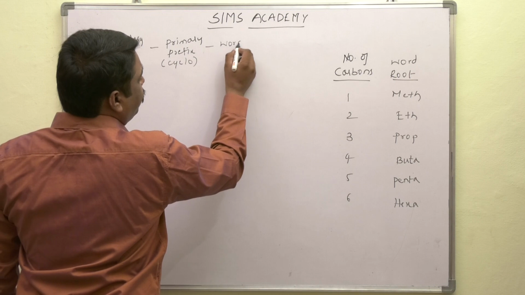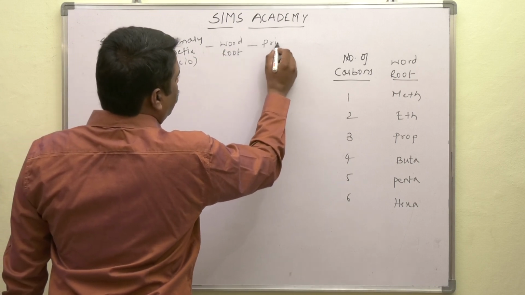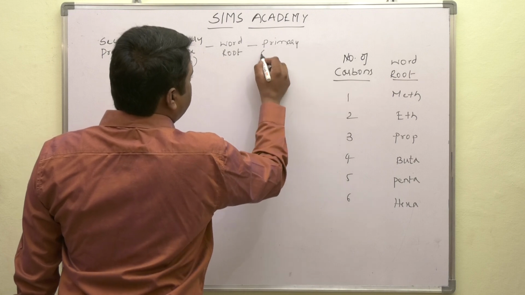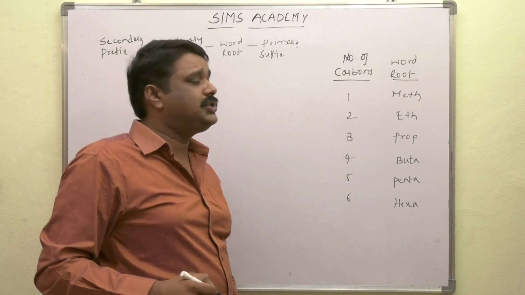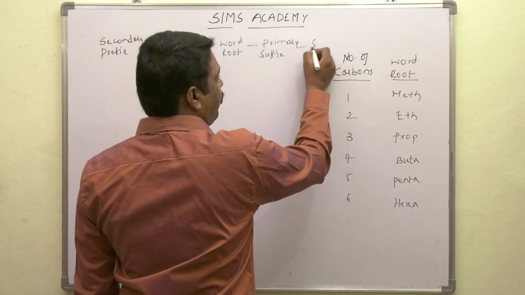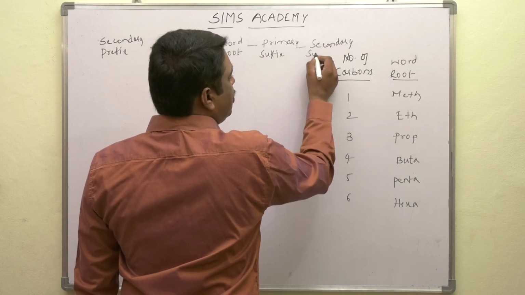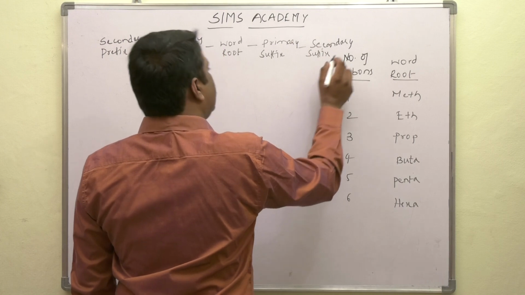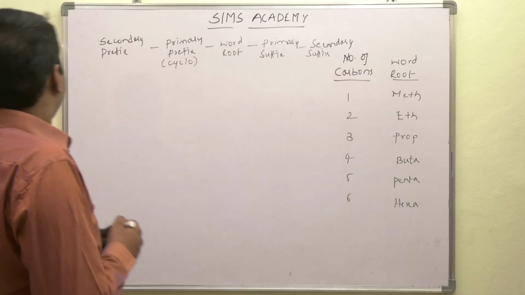Next we have the word root. Next we have the primary suffix, which deals with the saturation or unsaturation of the given organic compound, and finally the secondary suffix, which deals with the functional groups as well.